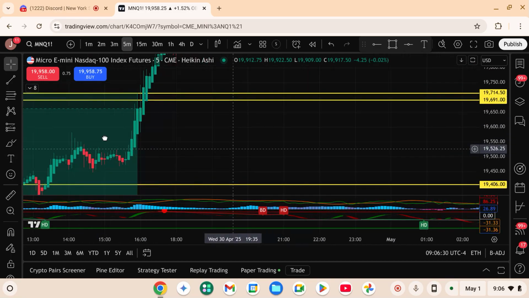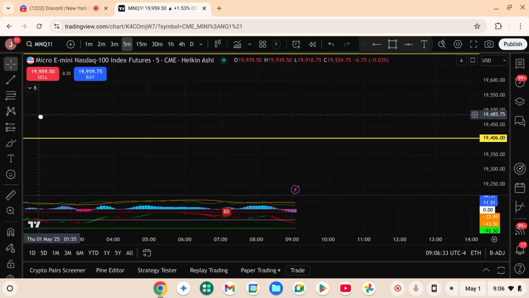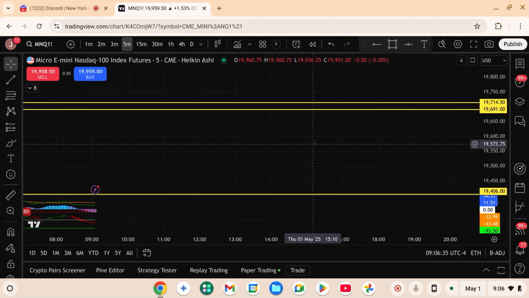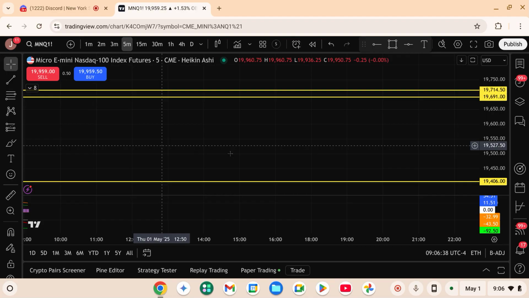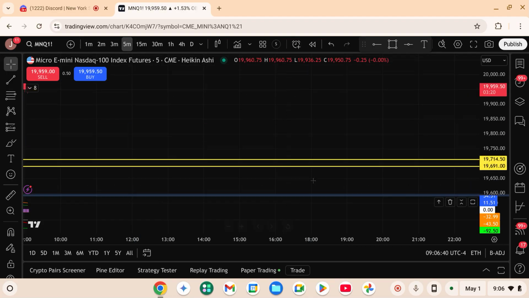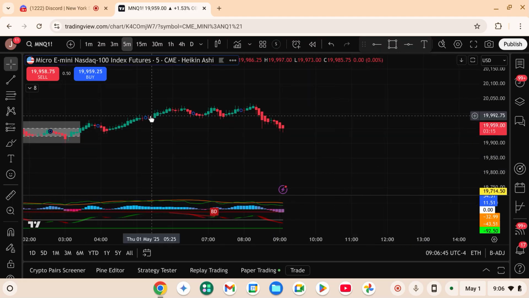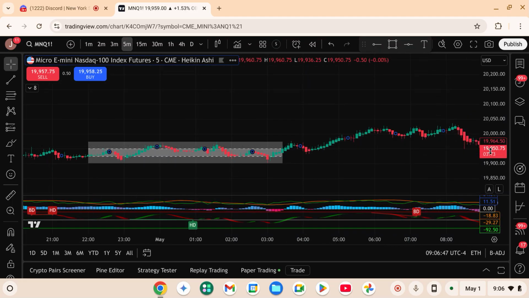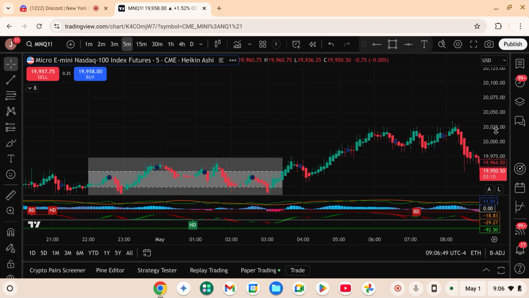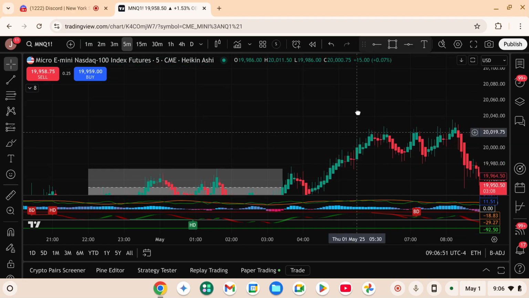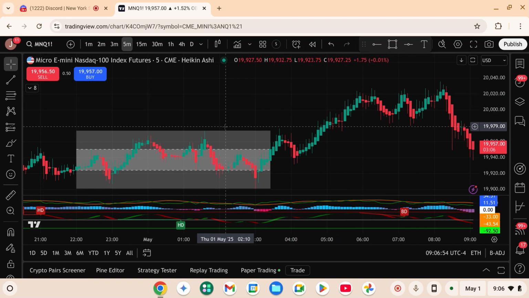So now that we got those drawn up, we're going to look at London's high and low from today. Where are we at? Let's see. Right here. Okay. So today's high was 19,974. Hold on, I can't see that. 974.